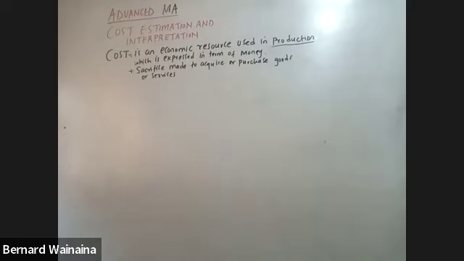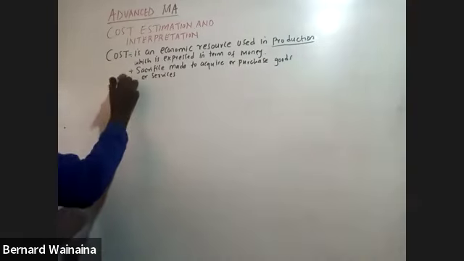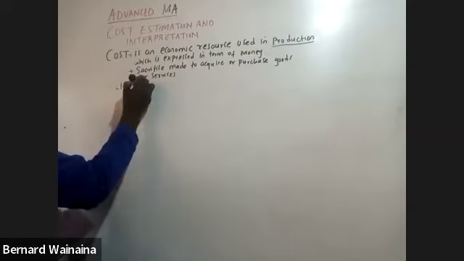Now, for the purpose of advanced MA, we shall focus on various classification of costs, not all that we did in MA, but we shall focus on only two classifications. So classification of costs that we shall need in this topic.